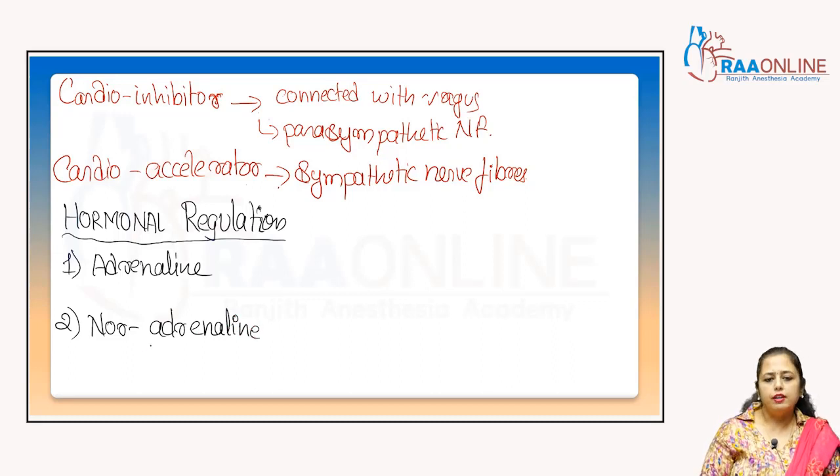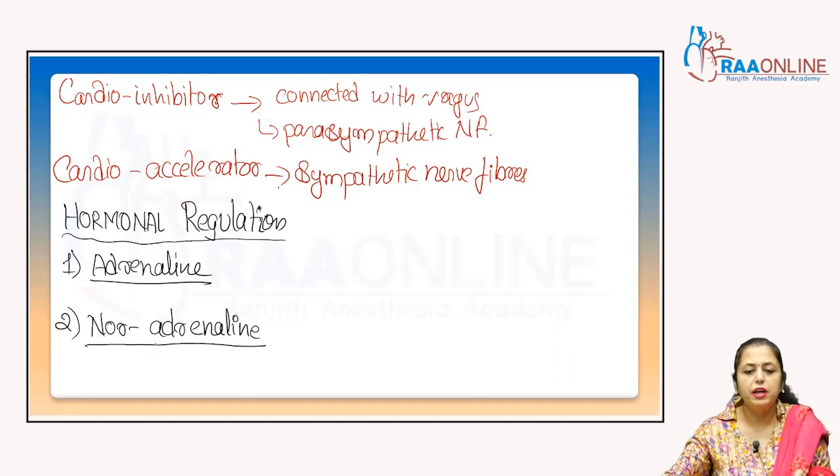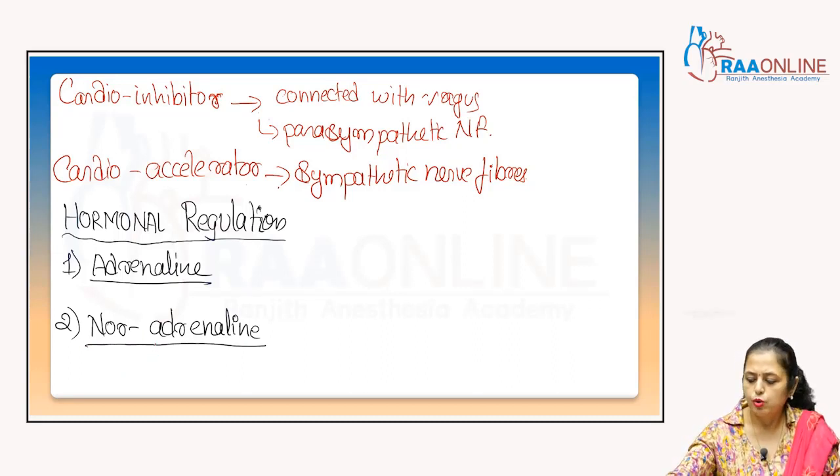Adrenaline is the emergency hormone. It is released at the time of fear, fight and fright. It also increases the heartbeat. The adrenaline hormone is also known as epinephrine, and noradrenaline is known as norepinephrine.